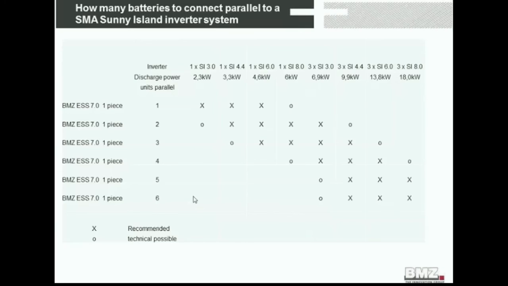So PROINSO can talk to you and give you some advice. When we talk about off-grid applications, we are usually talking about three-phase with the biggest Sunny Islands, and our proposal is to use 4, 5, or 6 batteries in such cases.